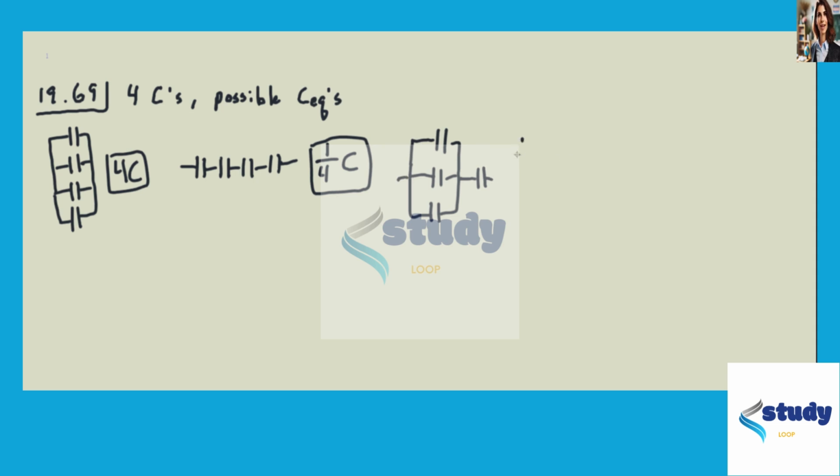So here we have 1/C equivalent. These three form an equivalent capacitor with a capacitance of 3C. One over 3C plus 1/C. And so this gives us 3C/4.